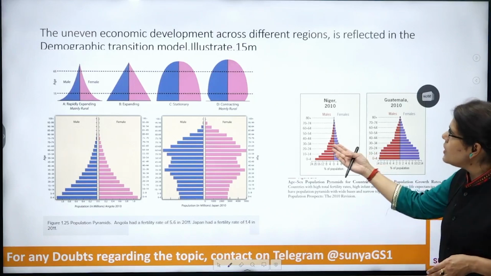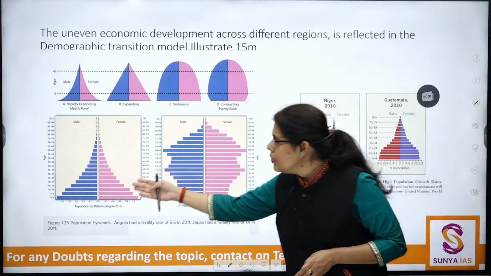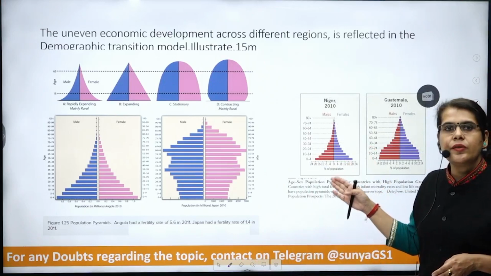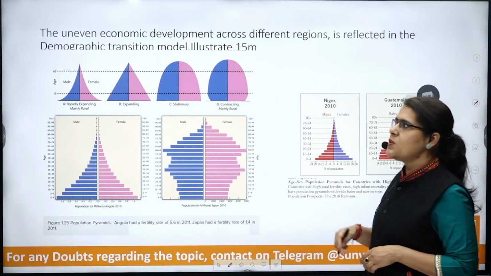Similarly, other countries like Niger, Guatemala, etc. showcase the same aspect, that is the initial stages of demographic transition equated with the socio-economic aspect.